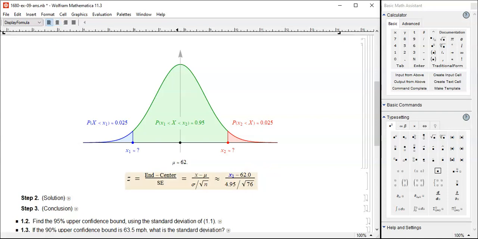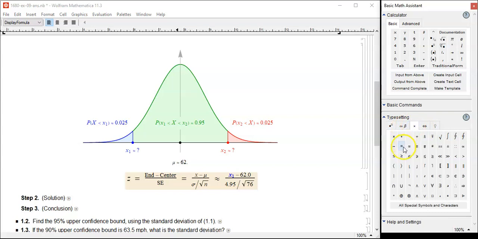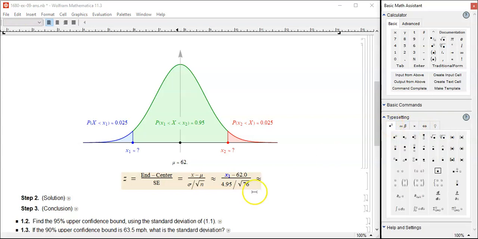This whole thing has to be associated with the 95% confidence level. To have 95% in the middle, I need 2.5% to the left and 2.5% to the right. On the left, 2.5%, and let's see what z-score is associated with 2.5%.